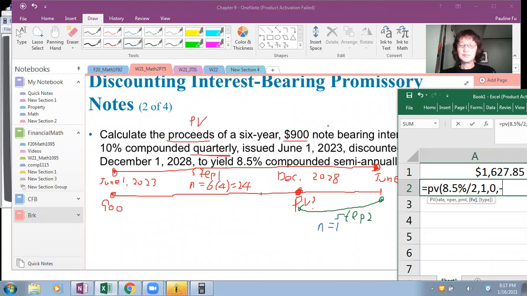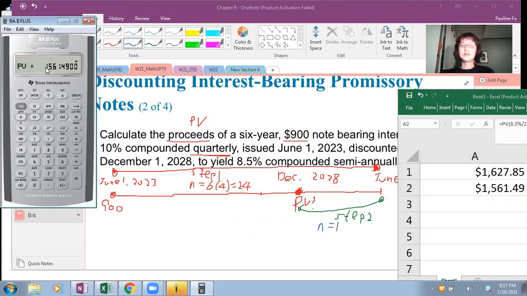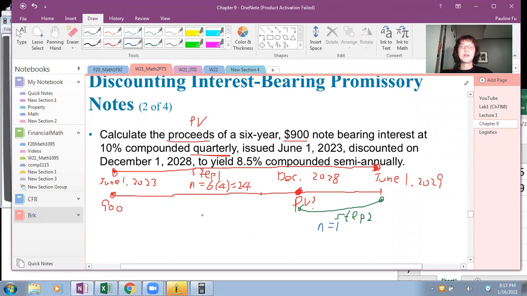So I will click cell A1, that is the future value. And this is the number. Agree with this number here. Okay. So that is discounting interest bearing promissory notes.